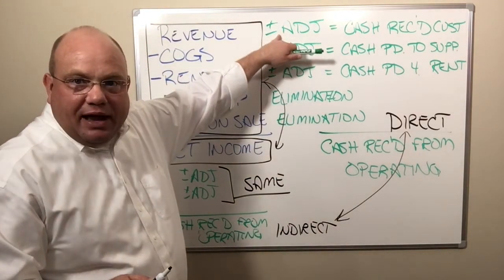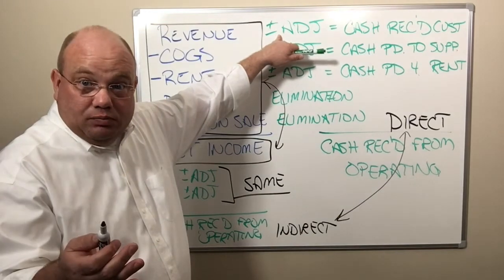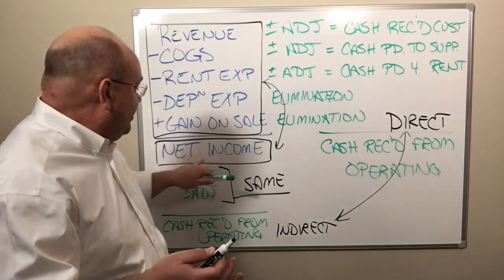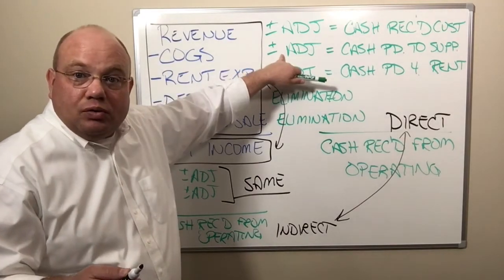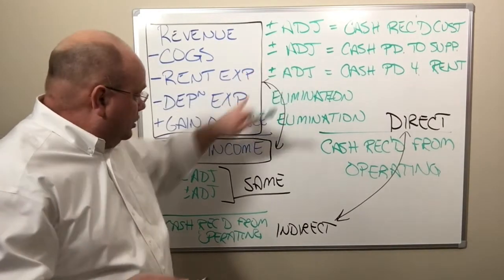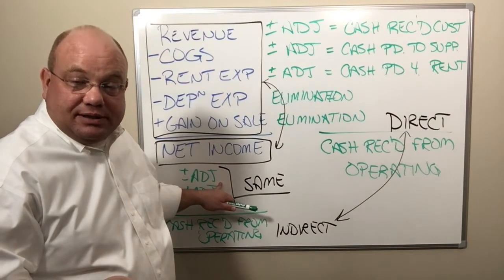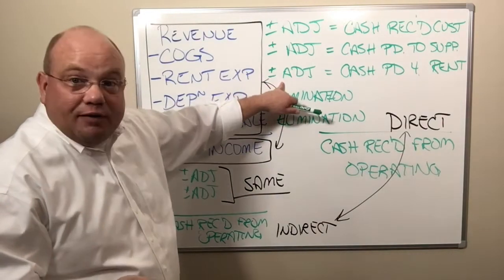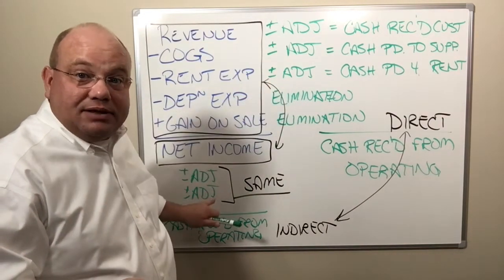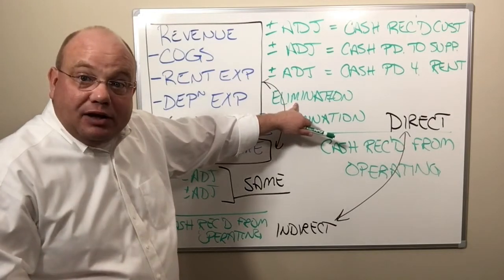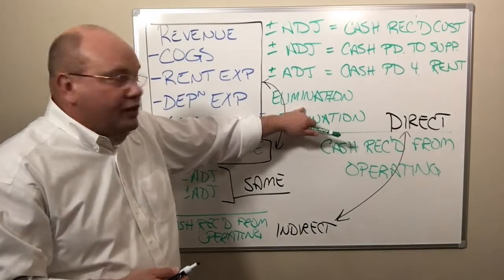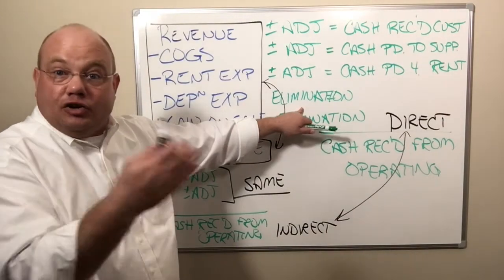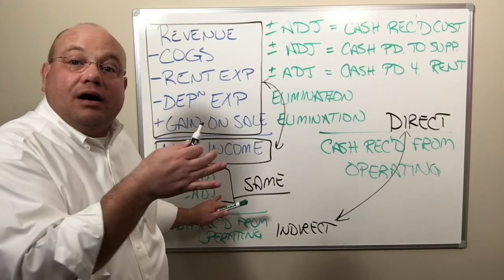Every adjustment that we have to make to revenue, we have to make to net income. Every adjustment we make to cost of goods sold, we have to make to net income. The adjustment to every expense has to be made to net income. The fact that we eliminated depreciation expense, well, we need to eliminate that from net income too. The amount of the gain that was eliminated under the direct method, we have to eliminate that from net income.